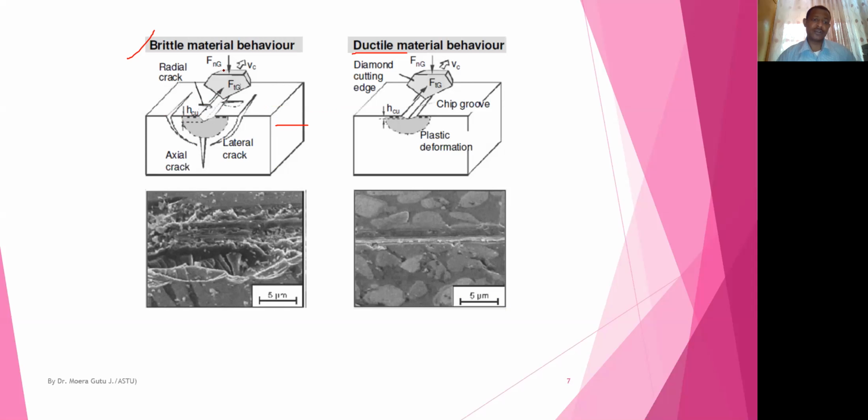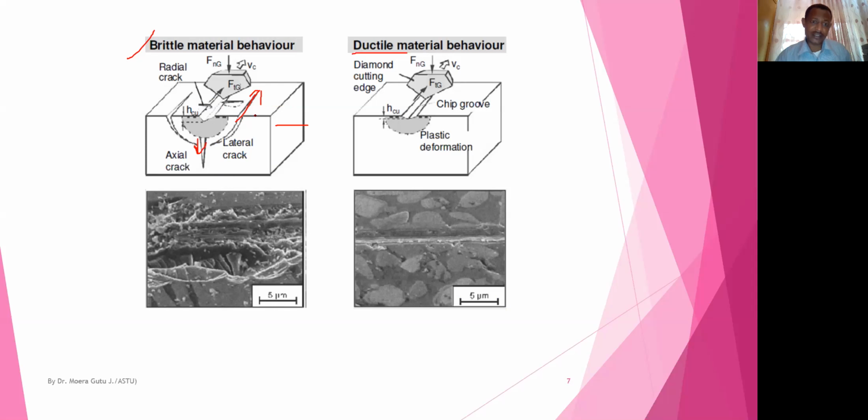When the load is applied, this is the cutting velocity, or machining speed, this is the tangential load and this is the axial load. The machining chip will form in this direction, whereas the crack may form as an axial crack inside the workpiece material, which is not good.